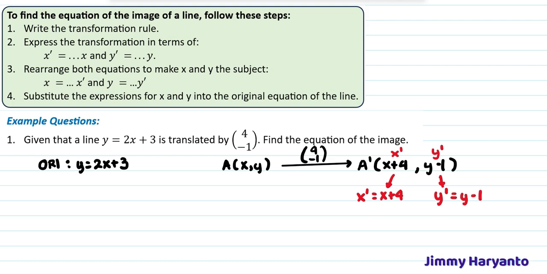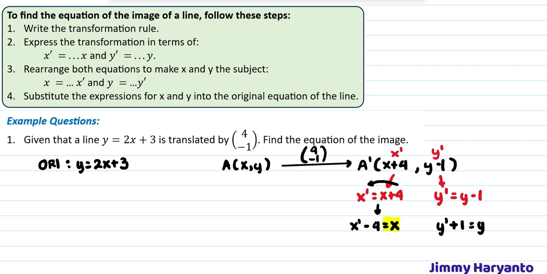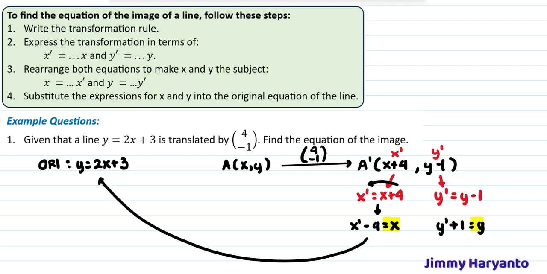And then after that, we have to rearrange this equation. So we will have x equal to. That means you have to move the plus 4 to the left hand side. You will have x prime minus 4 equals to x. And then you will have y prime plus 1 equals to y. There you go. We already have x equals to something, and y equals to something. And then what you do is substitute that expression into the original line.